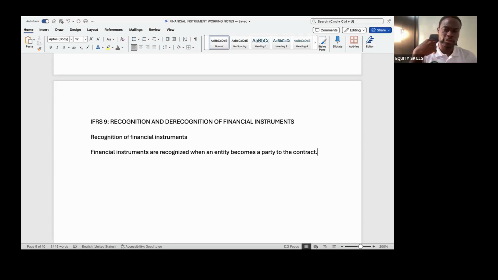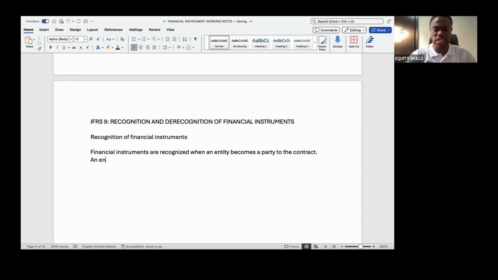So as soon as an entity becomes a party to a contract, then we can go ahead and recognize that financial instrument in the books.